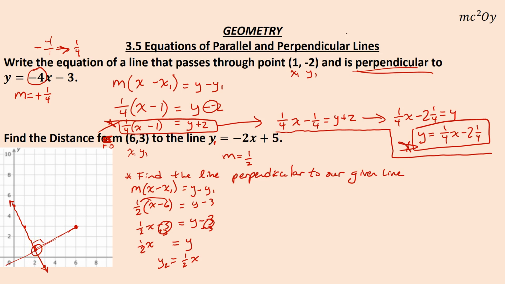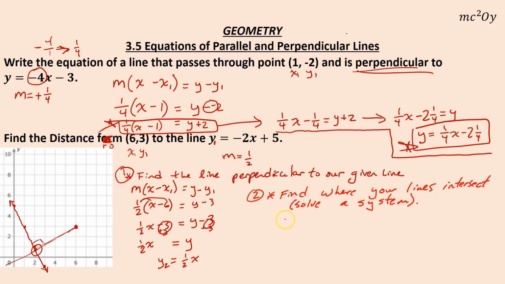Okay, so the next thing you need to do, number two, is find where your lines intersect. So you're solving a system. Okay, and so my system is y1 = -2x + 5 and y2 = 1/2 x.